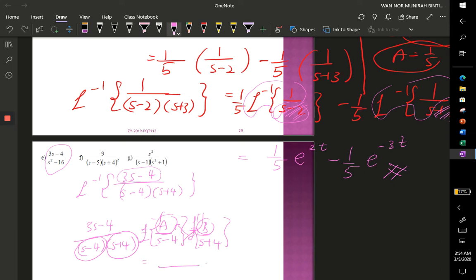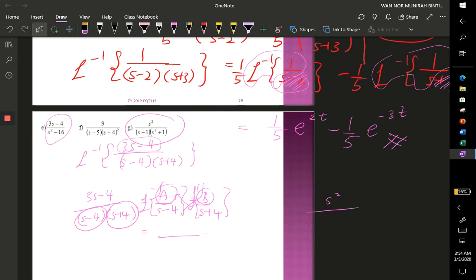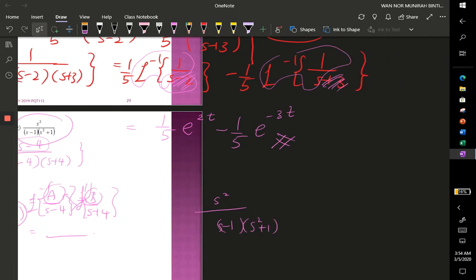Okay, but for this one, let's say you have s squared. We don't care about your numerator. This time we want to know how to form your partial fraction by considering your denominator: (s minus 1)(s squared plus 1).